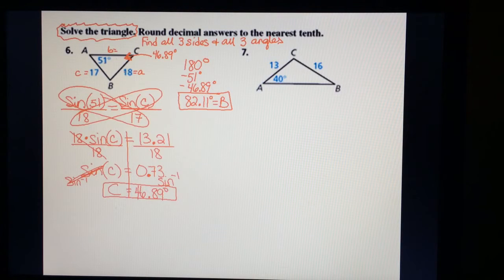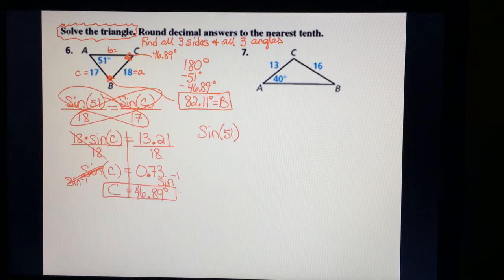So I currently now know all three angles. Do I know all three sides? And the answer is no. I do not know side B. So I kind of have a choice as to which I want to use for the other side of my proportion, but I'm going to stick with the sine of 51 because he's not a decimal.